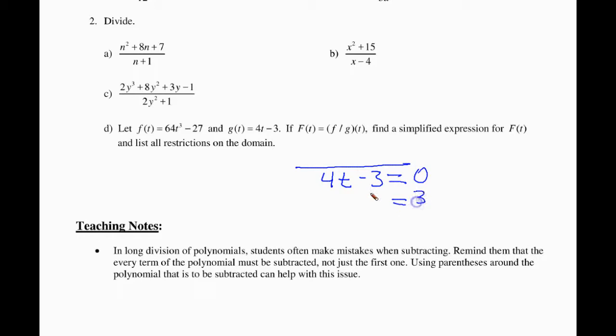This becomes a 3. Divide by 4. And we say t cannot be 3/4. t could be any number, but it cannot be 3/4 because it would make this denominator a 0. That's the restriction of the domain.